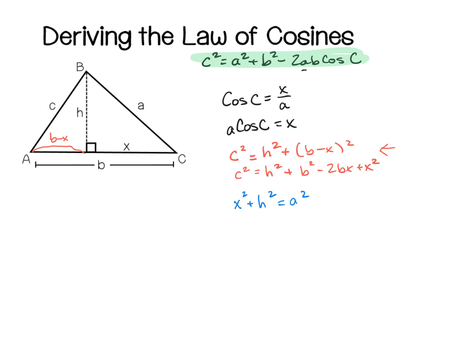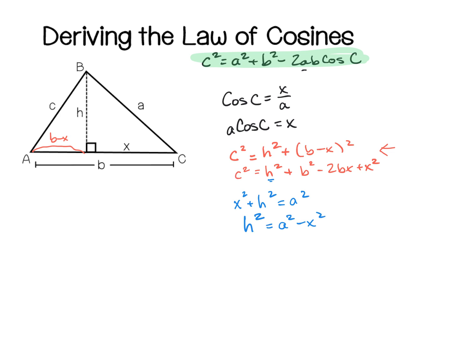Now, my blue equation here, I'm going to solve for h squared. So I have h squared equals a squared minus x squared. Because I know I don't want this h squared at all up there, and that's the only place I found it. So now what's going to happen is I'm going to do a bunch of substitutions.